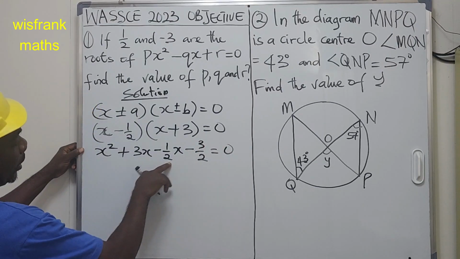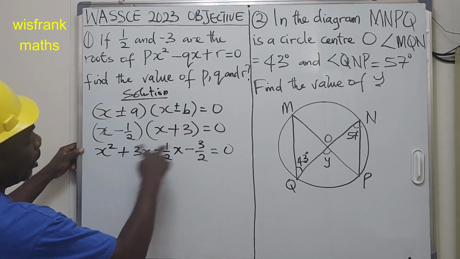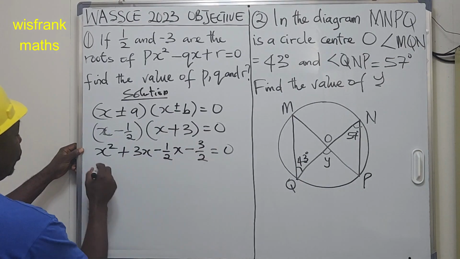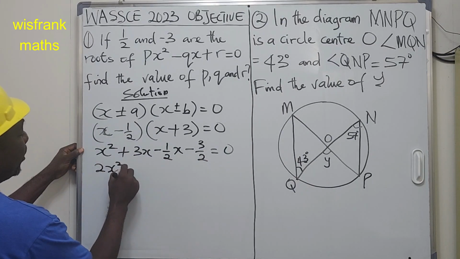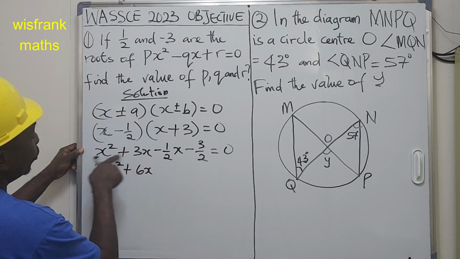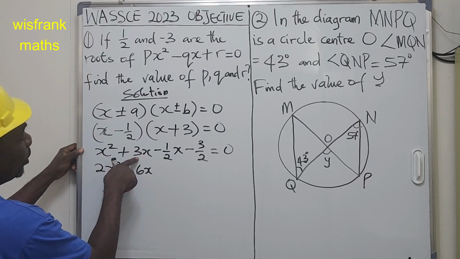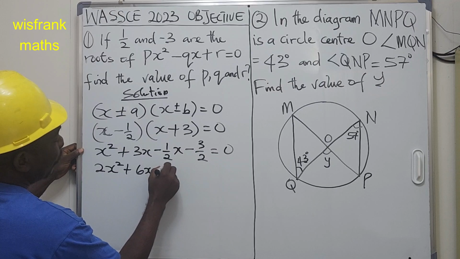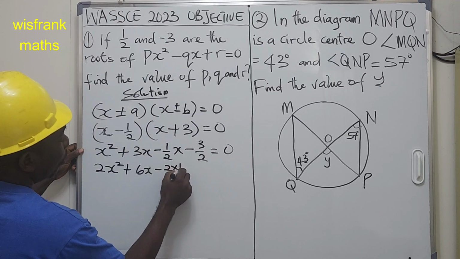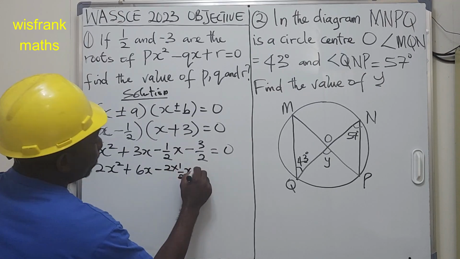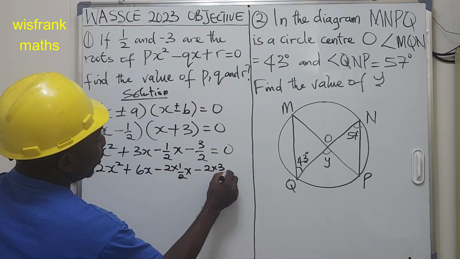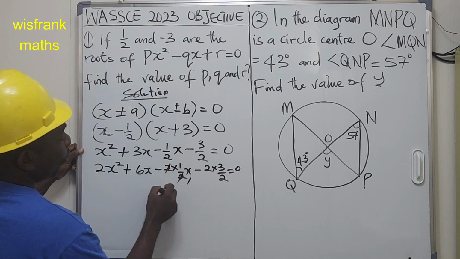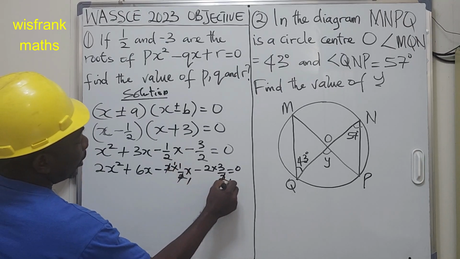Therefore, since this has fractions, we can multiply all through by the LCM, which is 2. So when we multiply all through by 2, we have 2x squared plus 6x, because 2 times x squared is 2x squared, and 2 times 3x is 6x. 2 times minus 1 over 2 x is minus x, and 2 times minus 3 over 2 is minus 3, equals 0. The 2s cancel out.